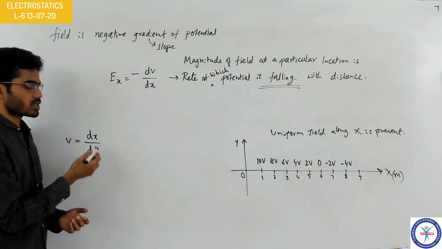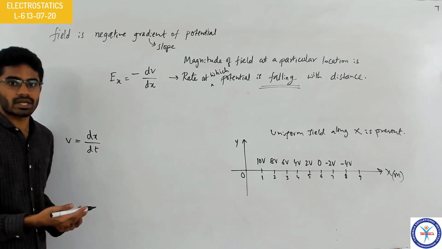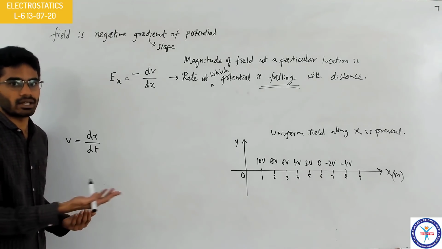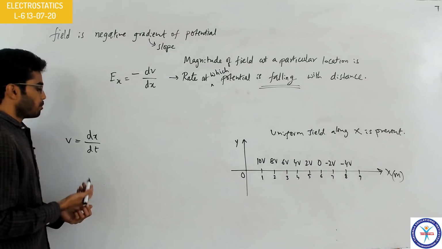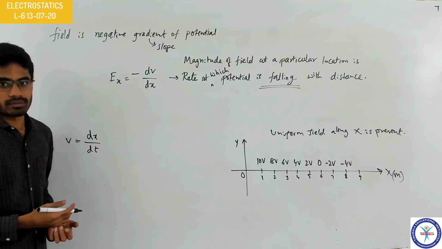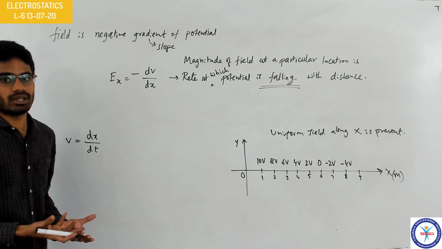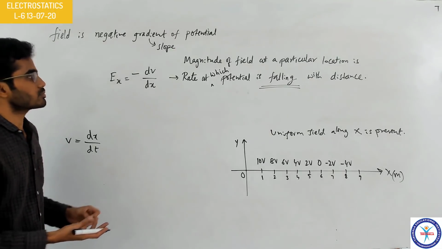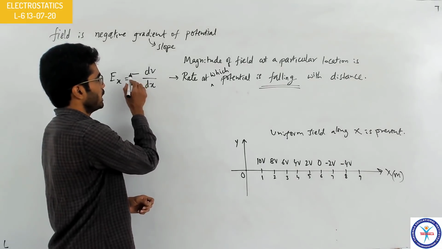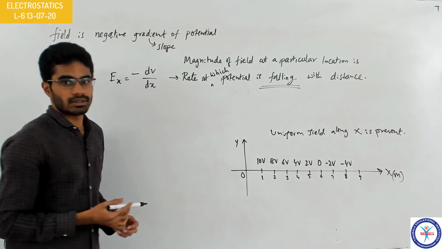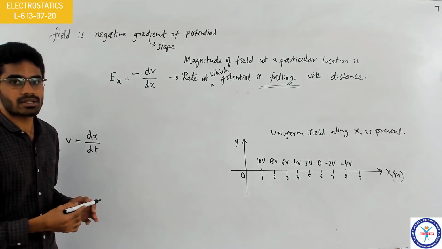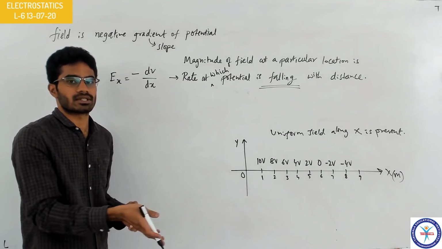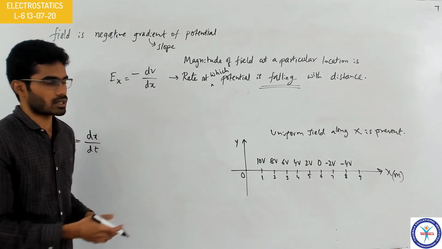So this will be positive if the position is increasing with respect to time, the particle is moving ahead and ahead. But if you take the negative of it, what kind of idea are you giving? How it is decreasing, right? So it is the negative gradient of potential. That means the rate at which the potential is falling with the distance, not increasing with distance.